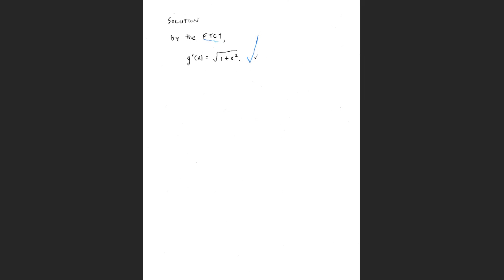So g prime of x is just the square root of 1 plus x squared. I probably should have had you tell me what the answer is. I think you could have told me that. But are there any questions on it before we move on?